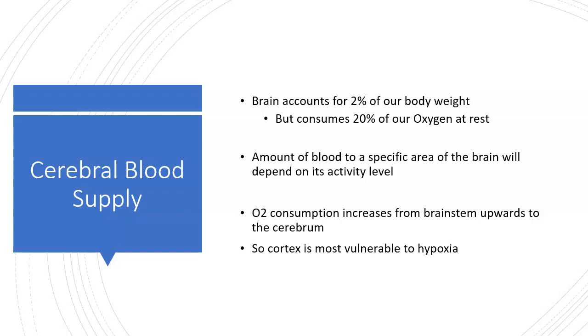Oxygen consumption increases from the brain stem upwards toward the cerebrum. So therefore, if our tissue that's in our cerebral cortex needs more oxygen, it's more vulnerable to hypoxia or a decreased blood supply and decreased oxygen level.